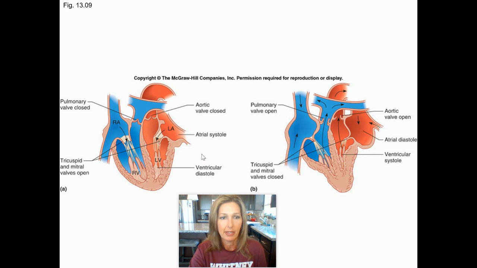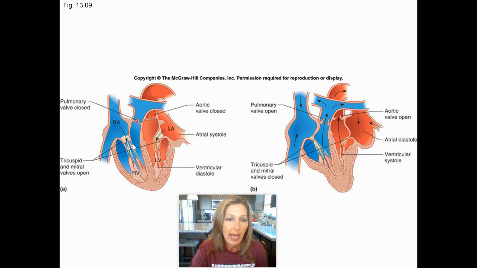It's a two-beat system. What's actually happening is both atria contract at the same time, and then there's a slight delay, and then both ventricles contract at the same time to push blood out through the arteries. And then there's a pause, and then atria contract, followed by ventricles contract, and a pause.